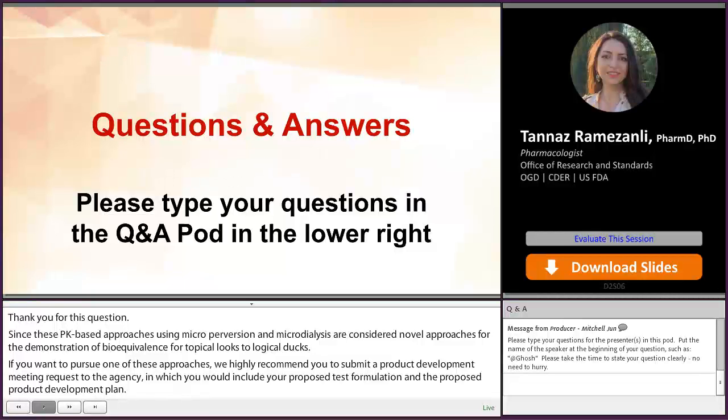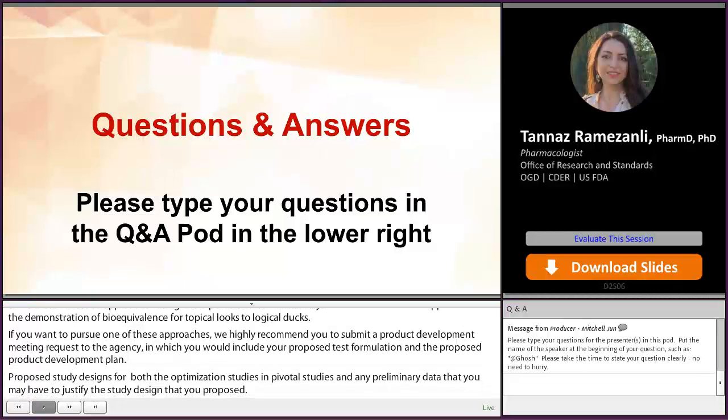And as part of reviewing this meeting package, we would evaluate the eligibility of your proposed test formulation for that specific BE approach.